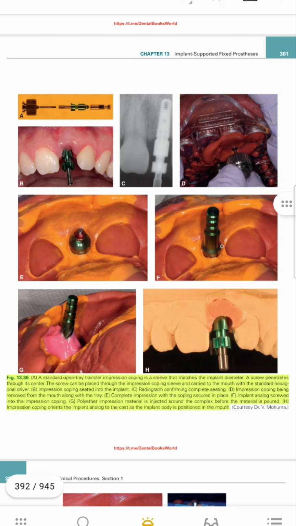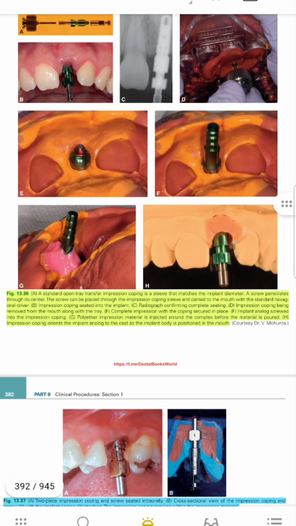Then we attach to it the analog, and we fix it using a polyether impression material. Then it is poured to get a cast, a duplication of the transfer that duplicates the orientation and angulation of the implant in the patient's mouth.